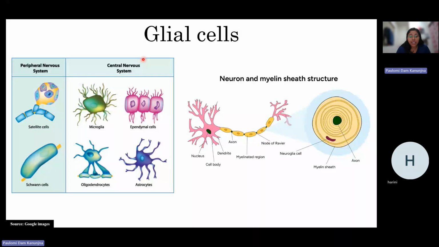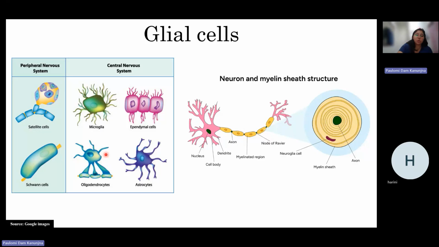If you look in your CNS, you have microglial cells, ependymal cells, oligodendrocytes, and astrocytes. All of these do their own respective role. For example, your astrocytes support neurons, maintain the blood-brain barrier, and regulate neurotransmitters, right? The oligodendrocytes are basically responsible for myelination of CNS neurons.